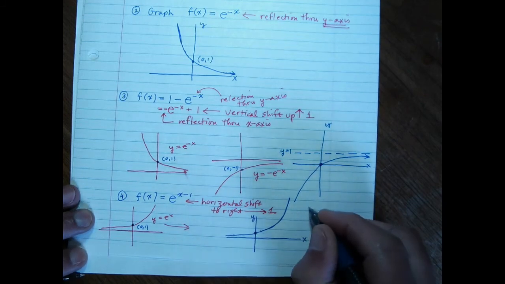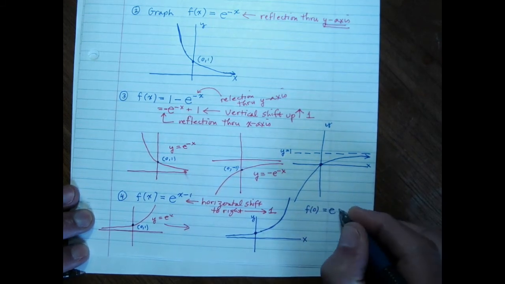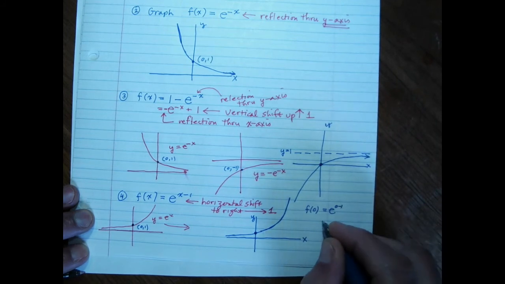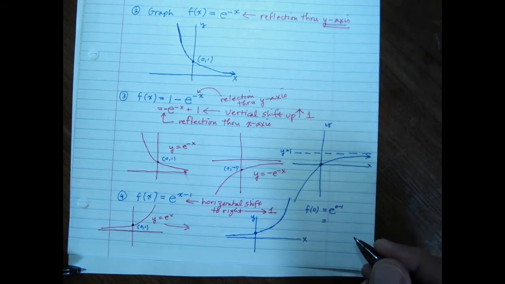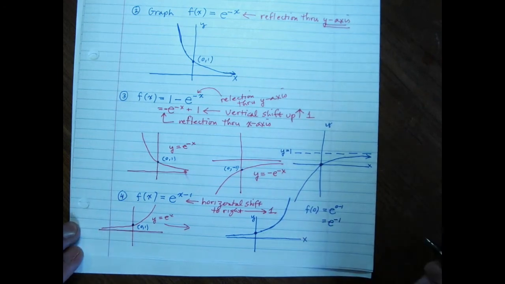This new y-intercept we can get by plugging in e to the 0 minus 1. That's e to the minus 1.